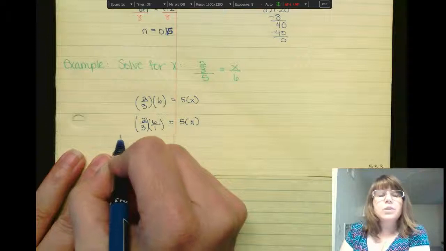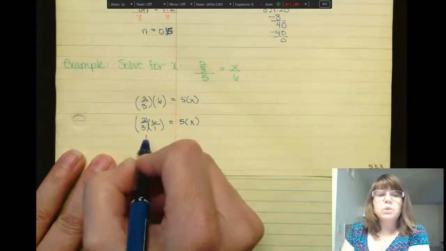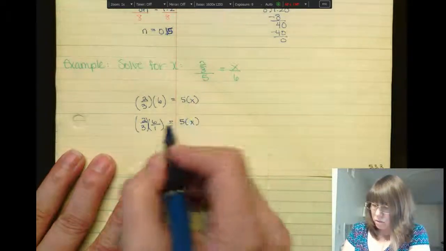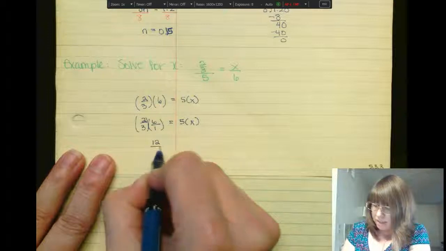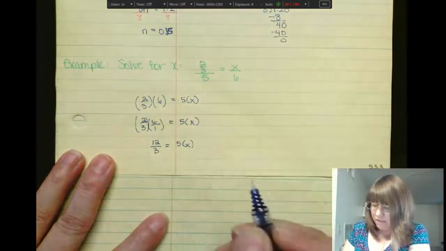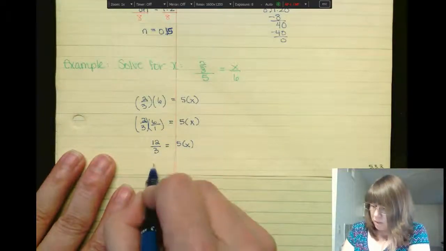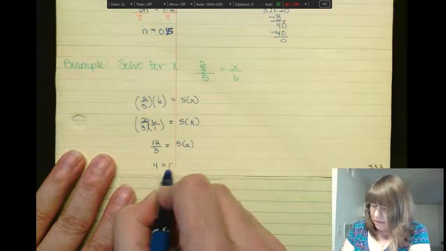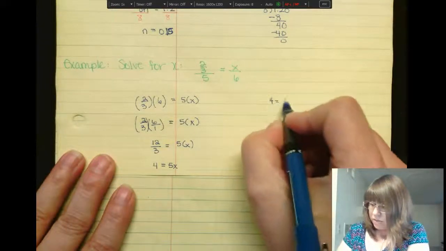I can either reduce or just do the multiplication and then reduce later. So I think I'm just going to do the multiplication. 2 times 6 is 12. 3 times 1 is 3. That equals 5x. Well, 3 goes into 12 4 times, so I can reduce that. Now, 4 equals 5x.